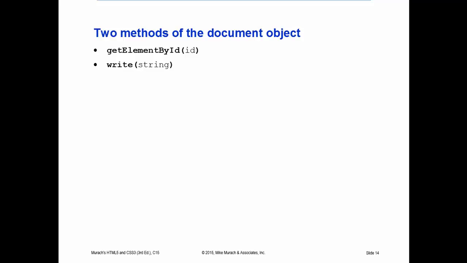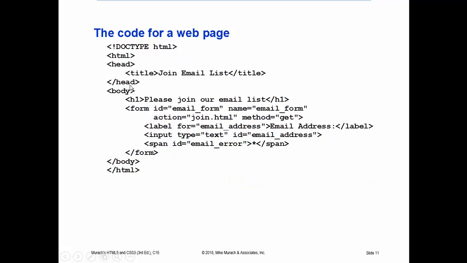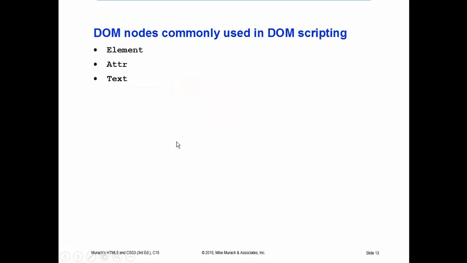But, going back for a second, anything, and I mean anything in here, so this title, this H1 tag, this form tag, this label tag, this input, this span, any of the stuff that's in here that I add an ID for, and you can see we only have an ID here, and we have one here, and we have one here, just in those three elements.